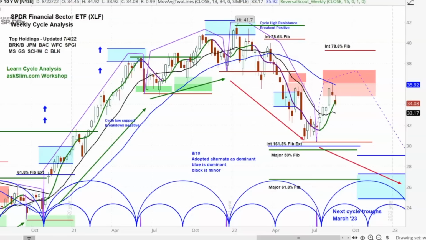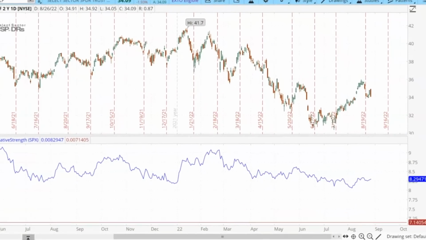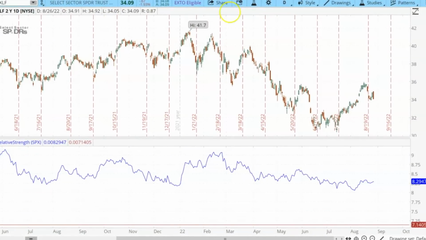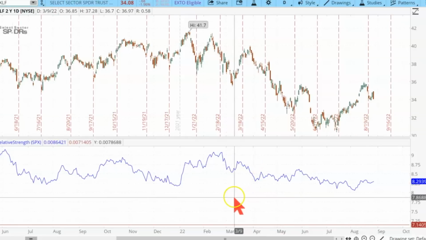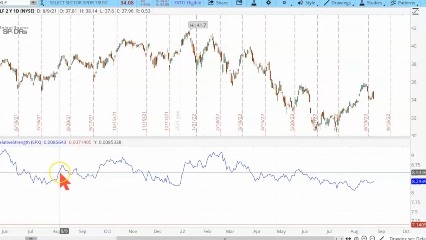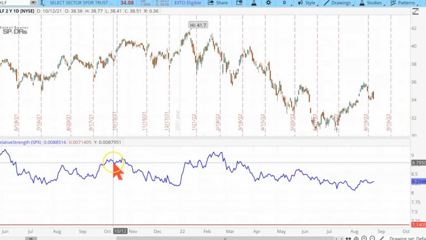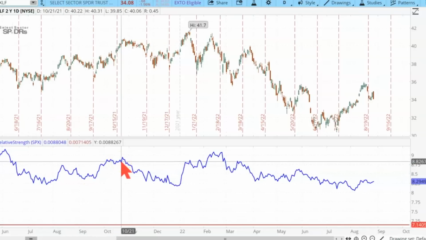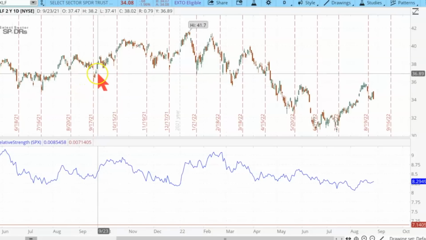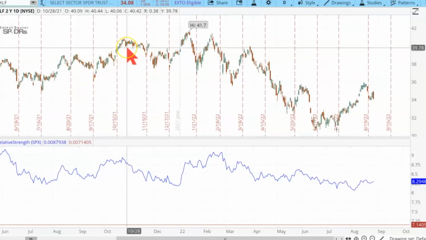Now, one more thing I want to show you in the XLF, and that's this chart right over here. The top is the XLF chart looking at a daily chart, and the bottom is the relative strength of XLF compared to the S&P 500. Now, when the market's going up, it's usually led by good relative strength in the XLF, and that drives the market up because the financials look good.